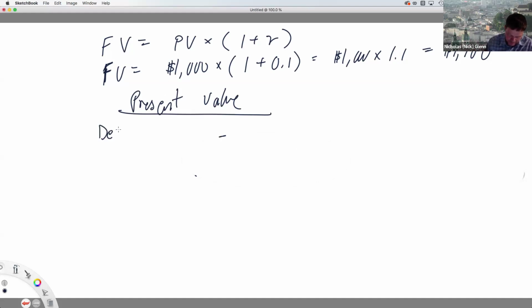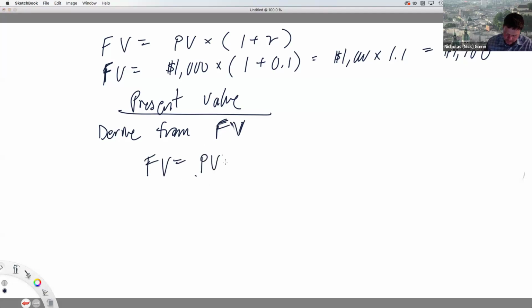So we can derive this formula from the future value. Let's go ahead and write our formula.